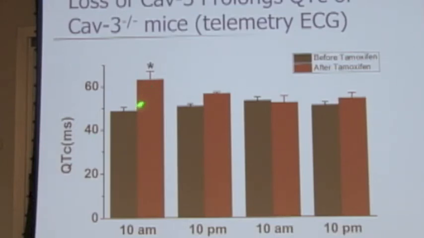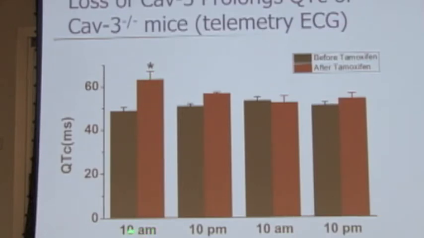First of all, this is a QTc in one of the floxed mice before adding tamoxifen, with a QTc of around 48. After we knock out Cav3 with tamoxifen inducing the Cre recombinase, we see a significant increase in the QTc.